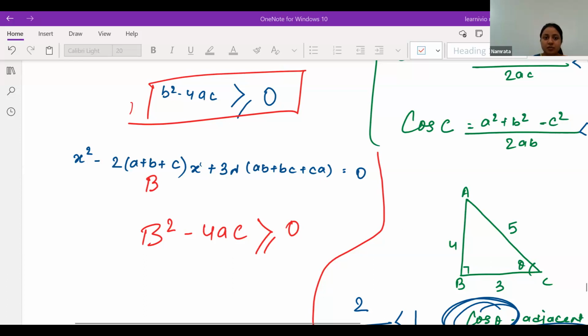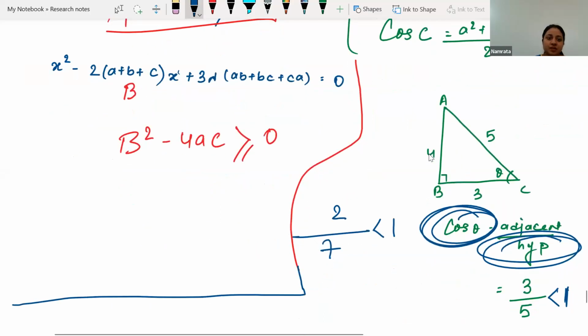So let me write. You must have got this: (a plus b plus c) whole square minus 4ac, with 4 into a being 1 and c being 3 lambda ab bc ca.